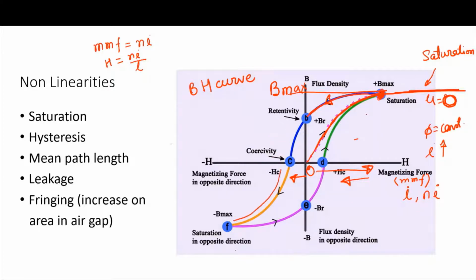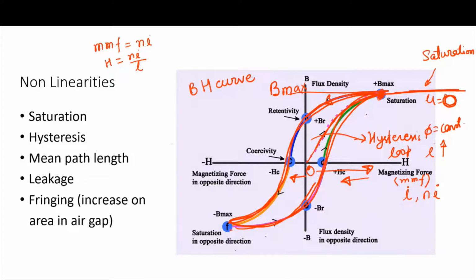So then you get some loop. This loop is called the hysteresis loop. If you excite your coil with an alternating current, AC, the current will slowly increase from 0 to some value, then from positive to negative, negative to 0, and it will keep on doing that. What will happen? Your flux will not change over a straight line.